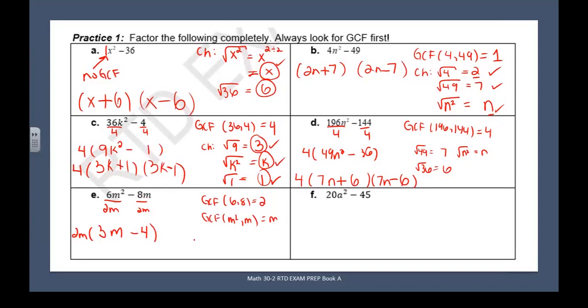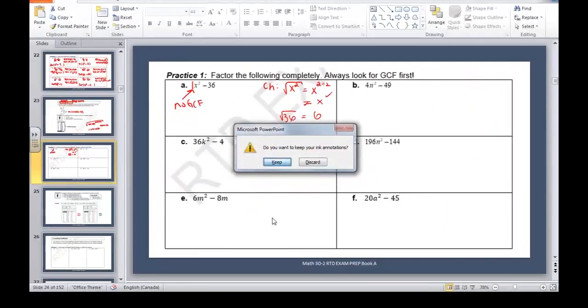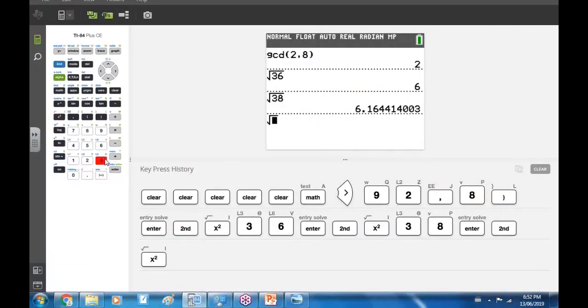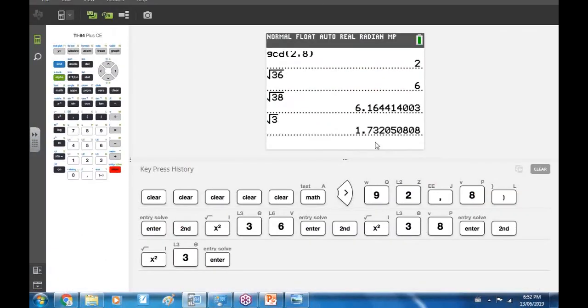So I have two terms. So again, I just want to check to make sure that they're both perfect squares. So if you check, the square root of 3 is not a nice number. Let's look. So if I do the square root of 3, see, it's an ugly number, just like the one I showed you before.